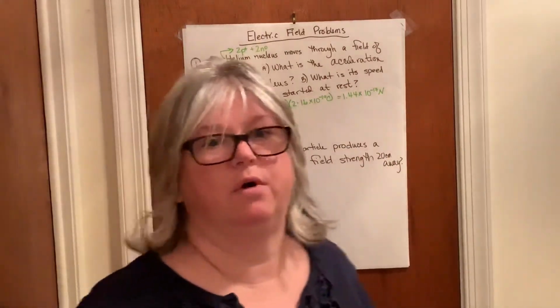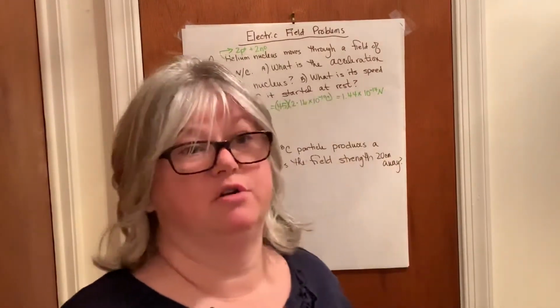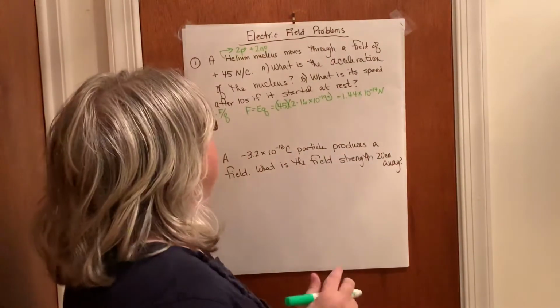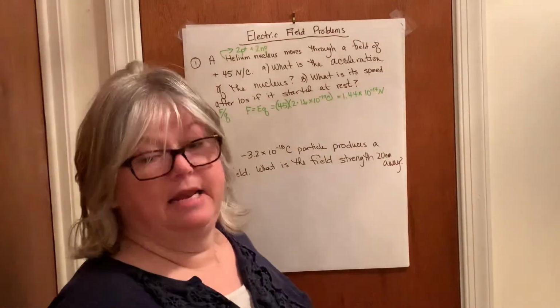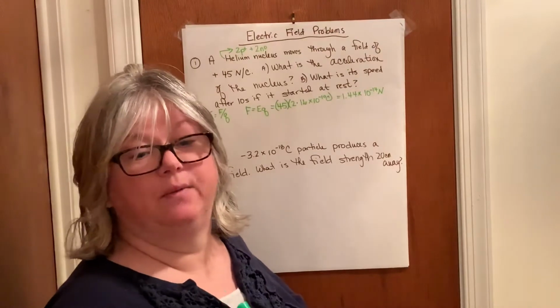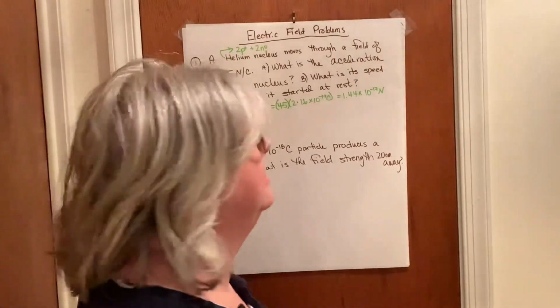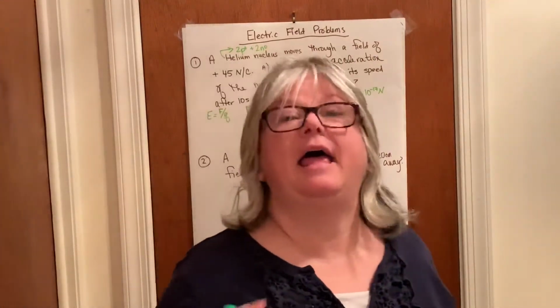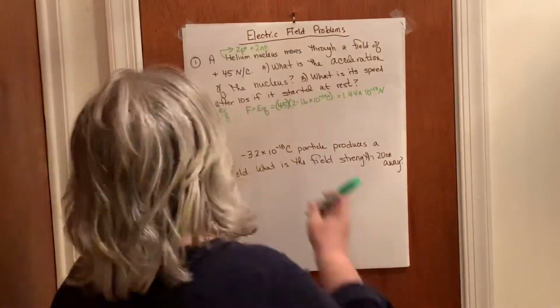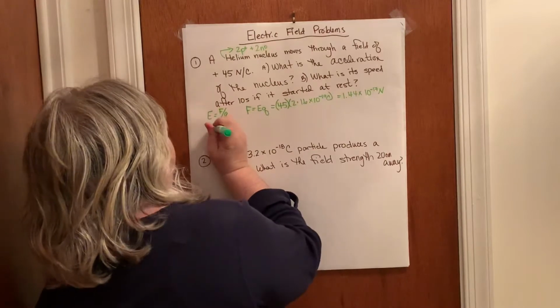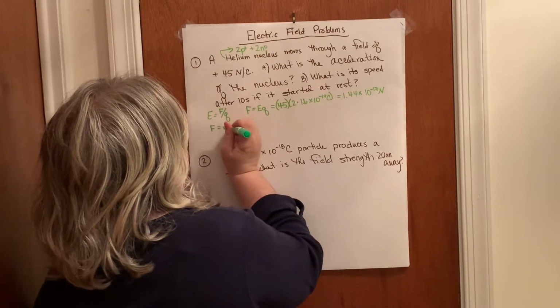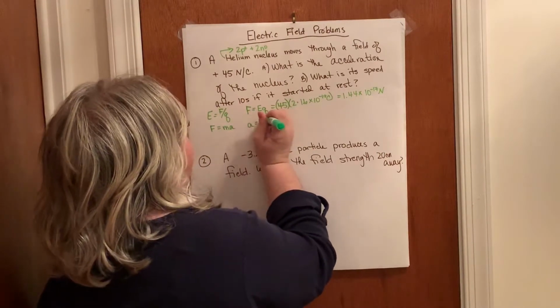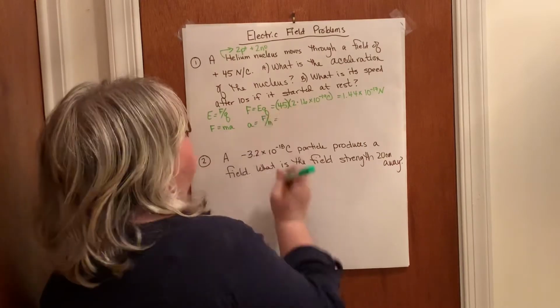Not a very big force, but we don't have a very big charge. Now, I want to know what my acceleration is going to be. To get the acceleration, I'm going to use our old formula, F equals ma. So a is going to be the force divided by the mass.